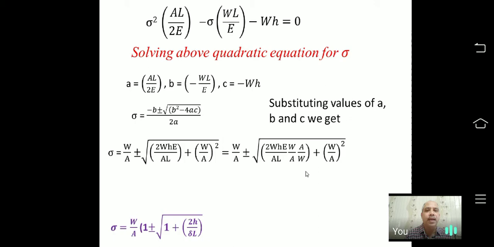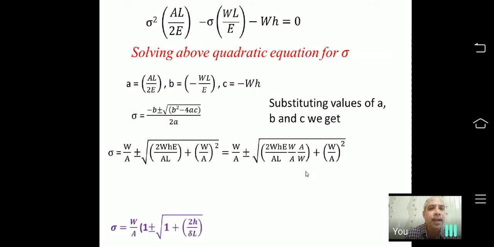And if I put these values in the equation for sigma, then I will get sigma equal to W by A plus minus root of 2WHE upon AL plus (W by A) whole square. Now W by A we have to take outside, which is common to the first term and the first term in the root.